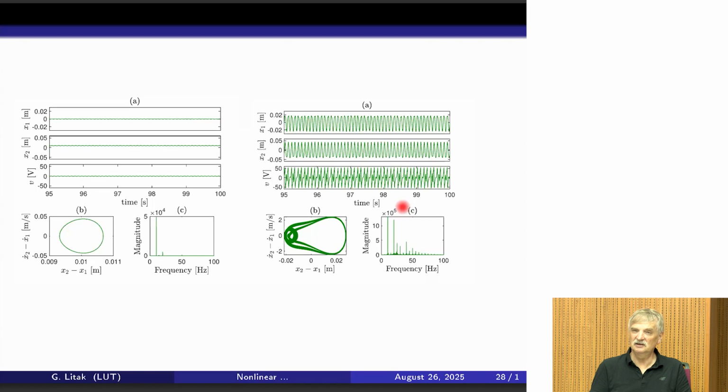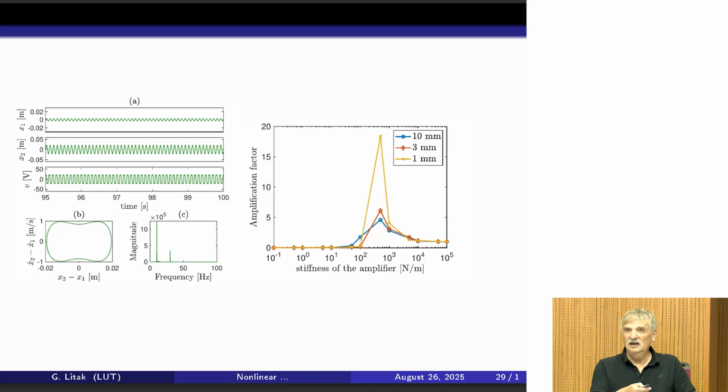Sometimes it is not so easy to decide with only frequencies. This is the amplification factor. Interestingly, the amplification factor was the largest for the small oscillation.